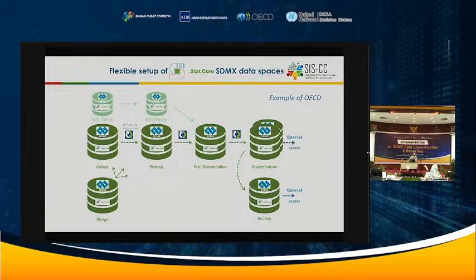Our golden rule at the OECD, and I feel it should be in any dissemination system, is you should never disseminate data in a non-final structure. Because if you disseminate data in a non-final structure, that structure can change, and anybody who's using that structure, all their systems could break.